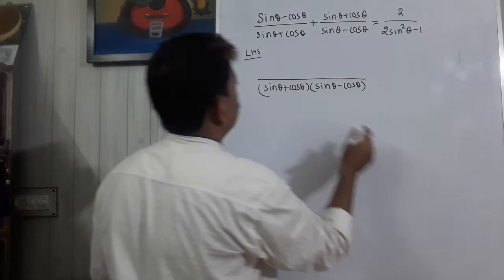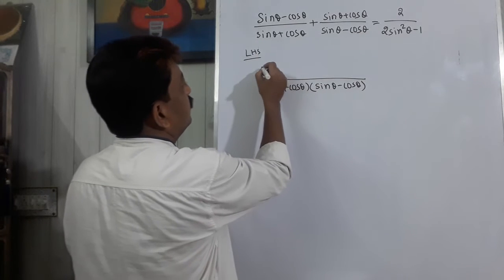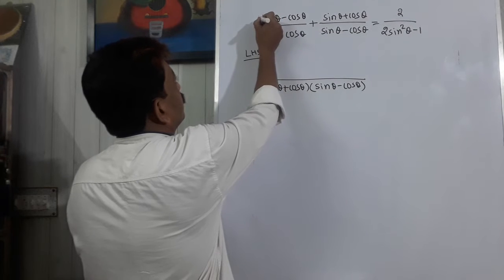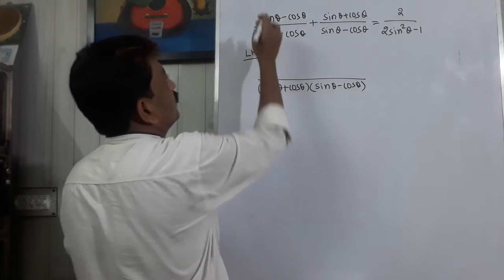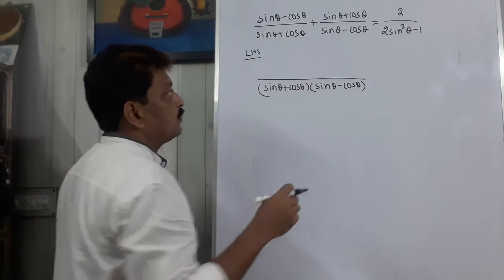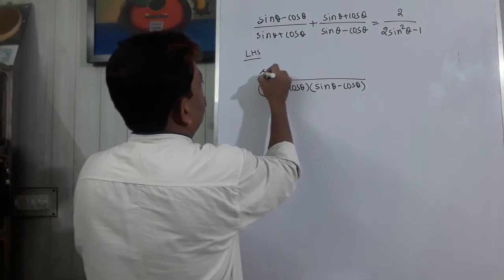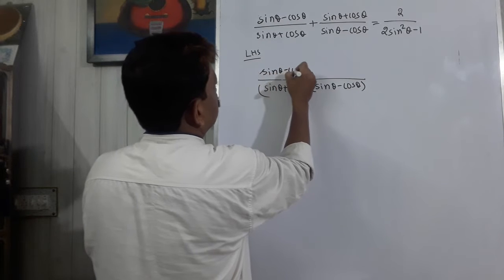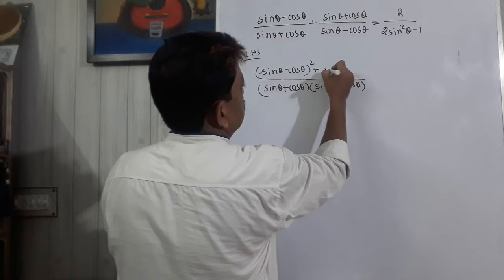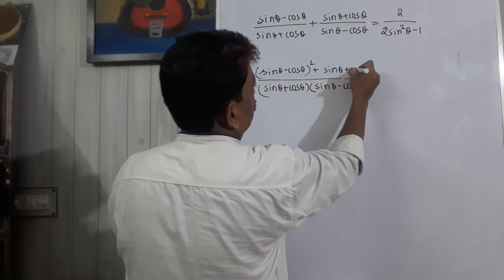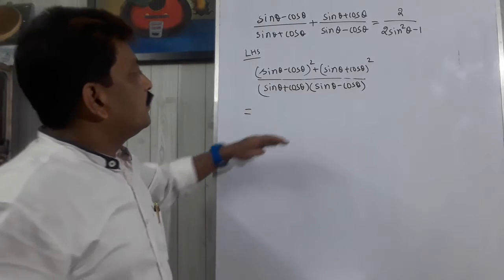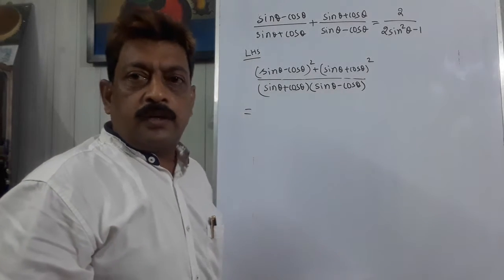On the numerator it will be, always write the trigonometric ratios in small letter, not in capital letters, sin theta minus cos theta whole square plus sin theta plus cos theta whole square. Okay.